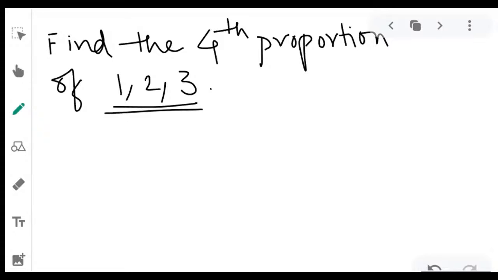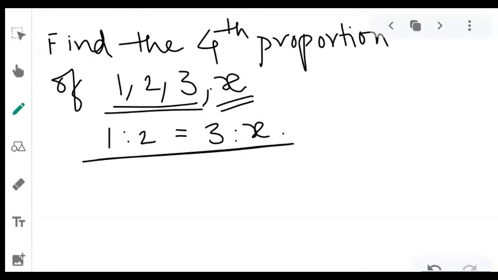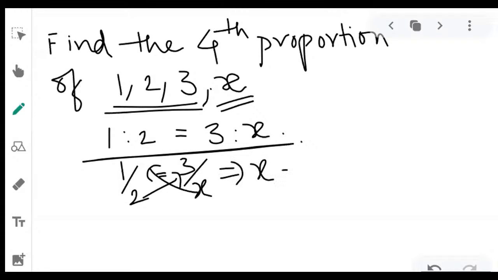That means there is a fourth value unknown which we have to assume as x and write the equation as 1 is to 2 is equal to 3 is to some x. Now what is the value of x here? Nandini, can you tell me? x equal to 6, ma'am. So 1 by 2 is equal to 3 by x. On cross multiplying, x equals 6. Right?